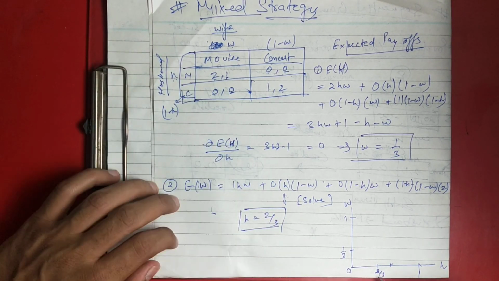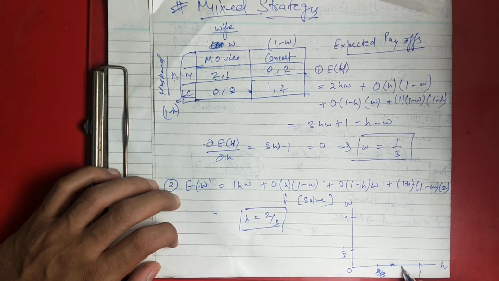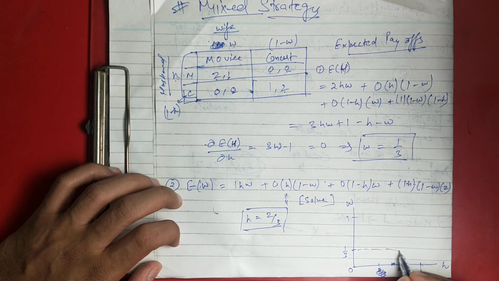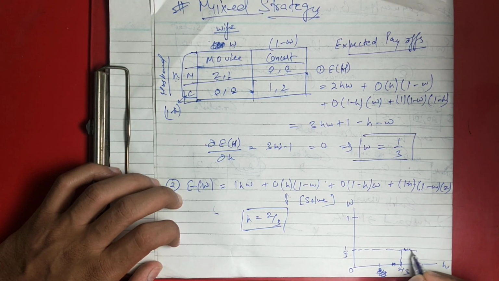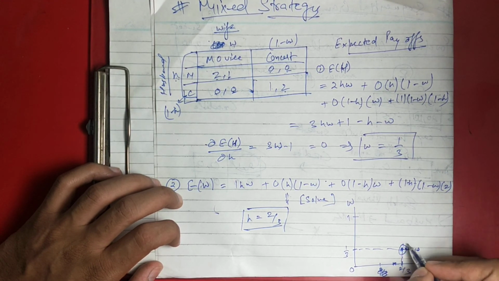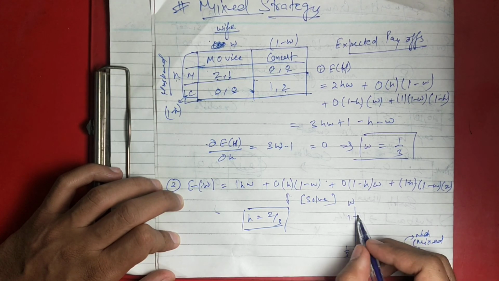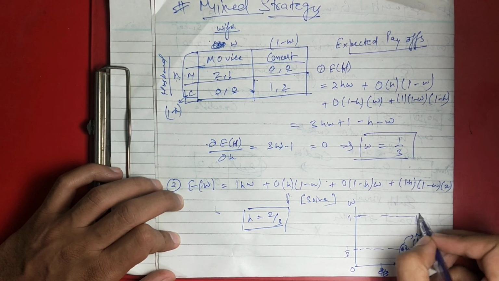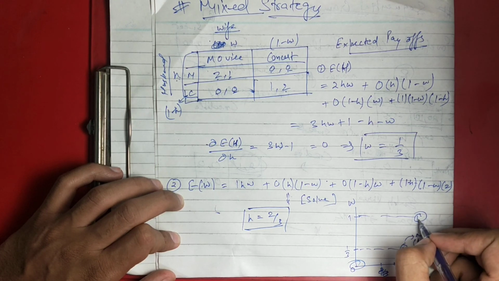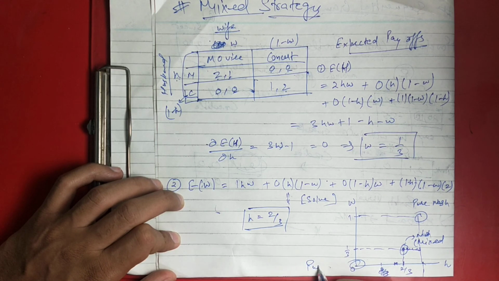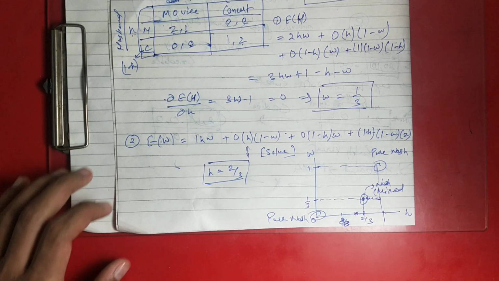Take it a bit higher here because it will be bigger than this. So you meet both these points. This point is your Nash mixed strategy. And similarly, if you join 1 comma 1, this point and this point are your pure Nash equilibria, which I already told you. So you can see it now.